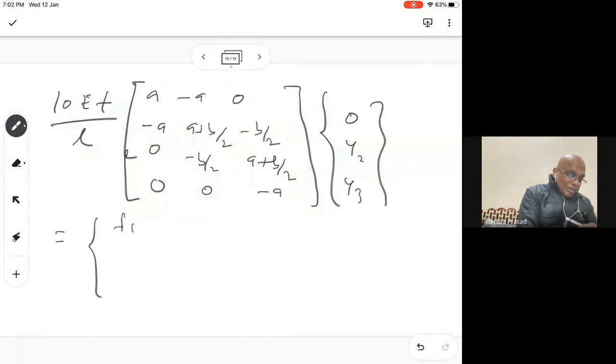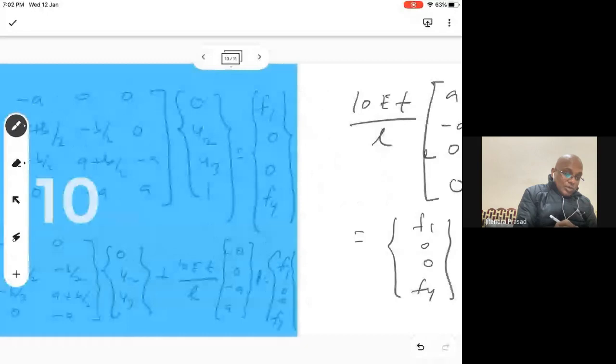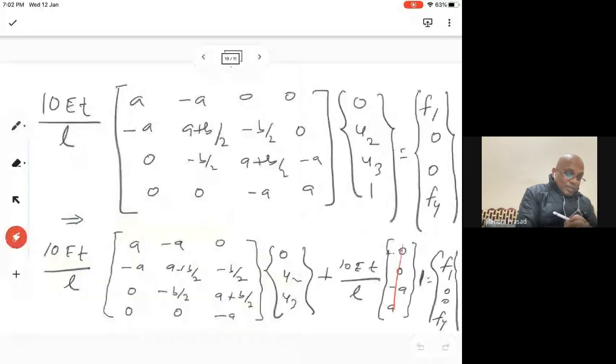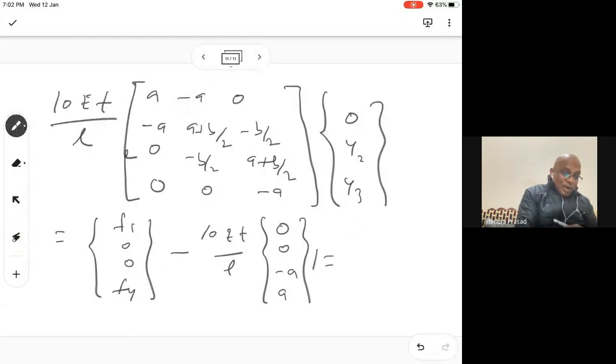We have f1 0 0 f4 minus 10 ET over L, and then we have the last column, which was 0 0 minus a, multiplied by 1 coming from u4 equal to 1. So this is 1, it will come here, which is equal to what? So this is 0 0, so nothing will matter, but it will matter for others.